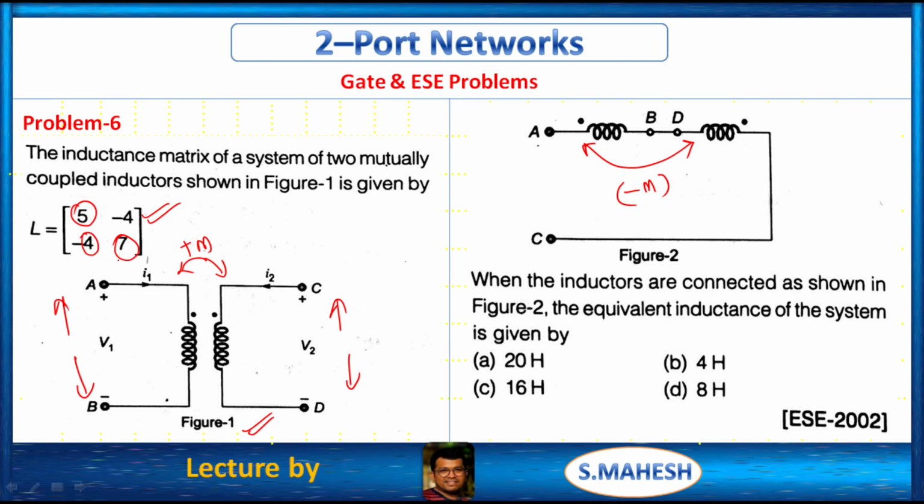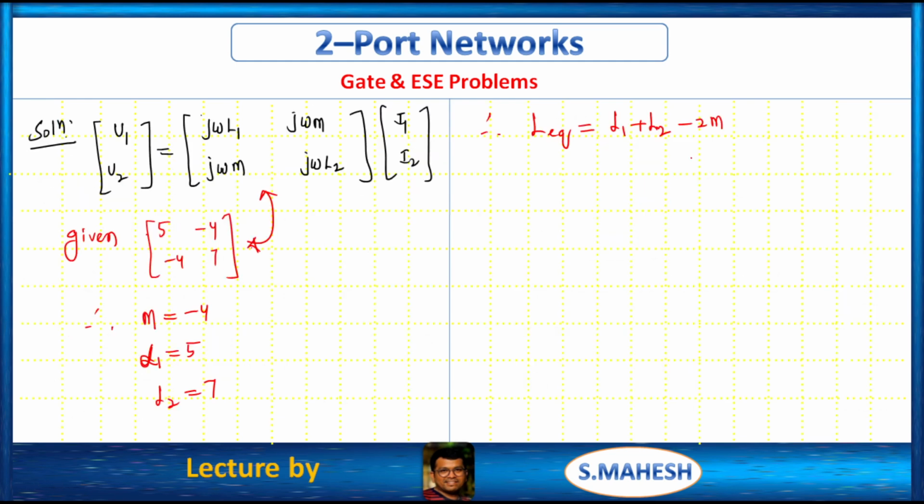Based upon that information, we can get the equivalent inductance from figure 2. From this we have minus M, therefore minus 2M, right? Therefore L equivalent is 5 plus 7 minus 2 into minus 4, which equals 12 plus 8, 20 Henry. L equivalent is 20 Henry.